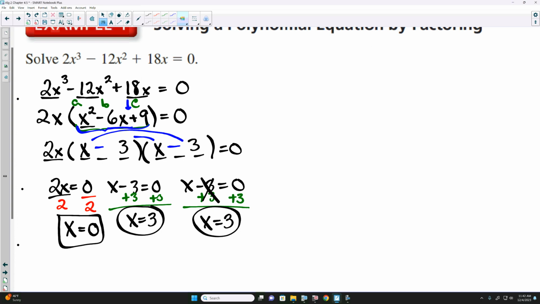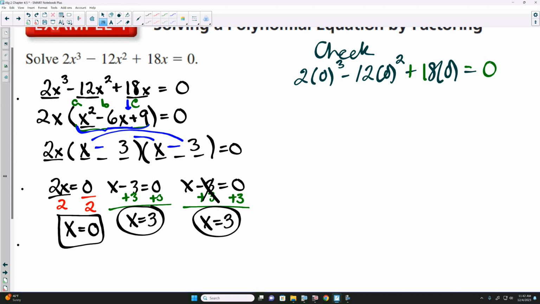At this point, if we wanted to check our solution, we want to see if these do indeed work. All we have to do is plug these back in for x. So if we check 0, we have 2 times 0 to the third minus 12 times 0 squared plus 18 times 0.